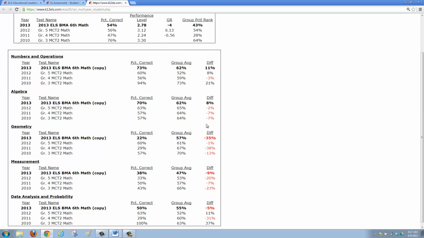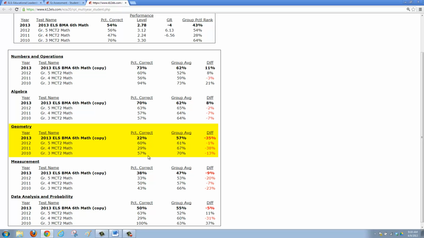Now when we look down below, we see her performance on the competencies year to year from 3rd grade through 6th grade. We see the percent that she got correct each year. We see the percent that that group of 12,000 students got correct each year, and then we see a difference. So when we look at overall performance, we can see that geometry seems to be a real weakness.